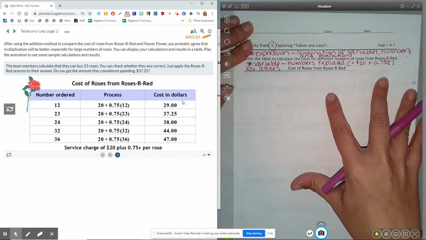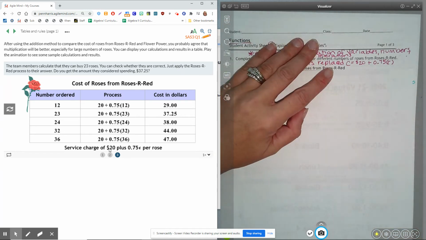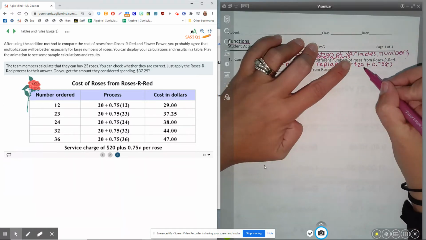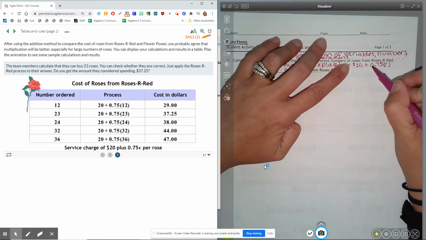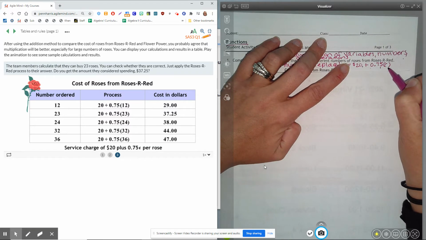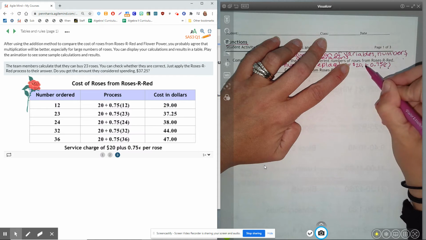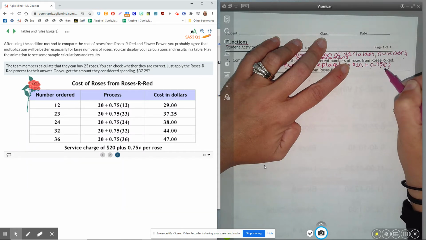What would the formula be? If we've got a service fee of $20 plus 75 cents per rose, we could call this $20 plus 75 cents R. And what that says is that there's a $20 service fee plus 75 cents per rose times each rose.